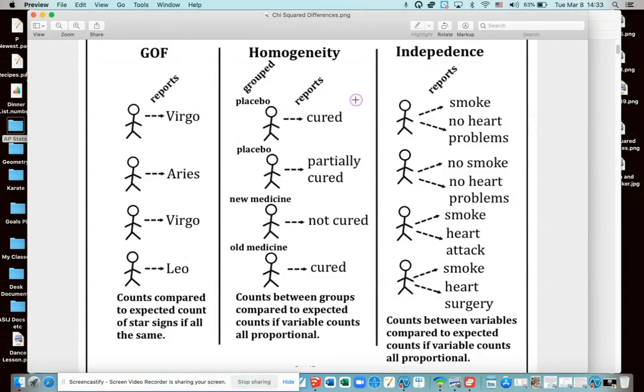For homogeneity, you are doing two groups, and we're going to get into each one of these separately, but I'm trying to give you a general overview to begin with. You're going to group people to begin with, like males and females, or old dogs and young dogs, or whatever. And it doesn't have to be two groups. You can have multiple groups.